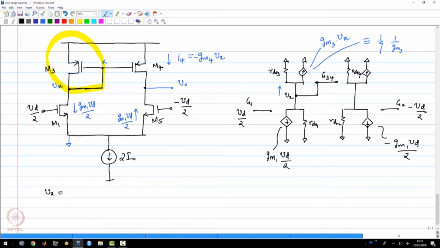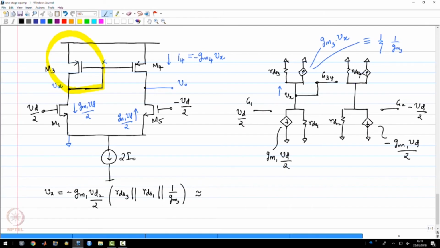So now we have a better idea of what Vx should be. Vx, of course, should be the current Gm1 Vd by 2 flowing into the parallel combination of 3 resistors, which are RDS3 in parallel with RDS1 in parallel with 1 over Gm3. And now, since 1 over Gm3 would normally be much smaller than RDS1 and RDS3, I will now make an approximation.